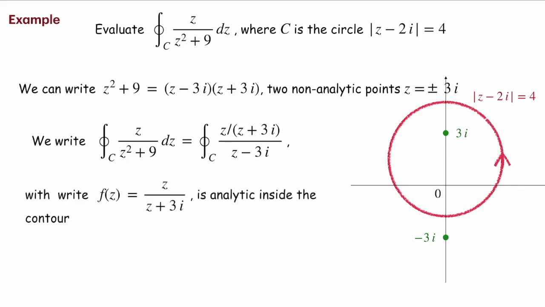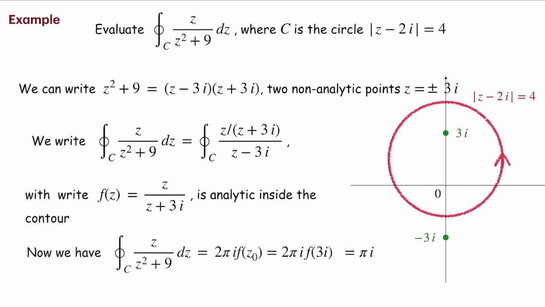We evaluate the function f of z is equal to z by z plus 3i, which is completely analytic inside the contour, because z is equal to minus 3i is not inside the contour, and then we simply evaluate the function and multiply it by 2 pi I to give us the value of the integral.